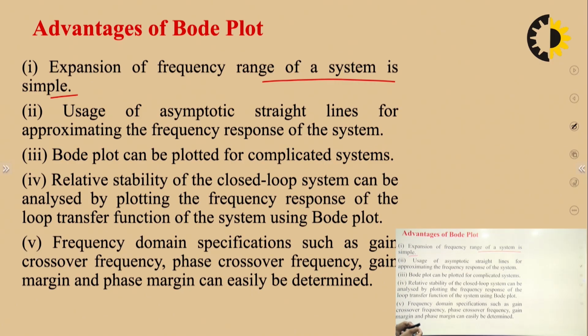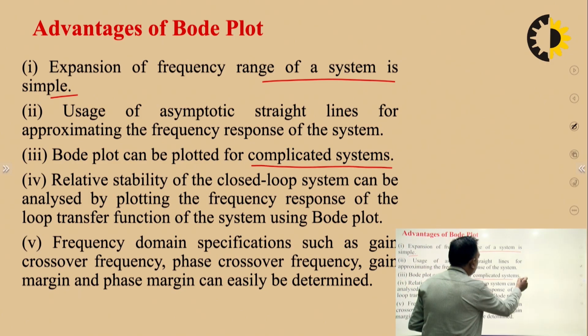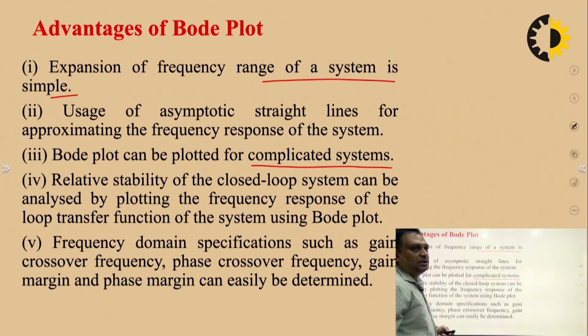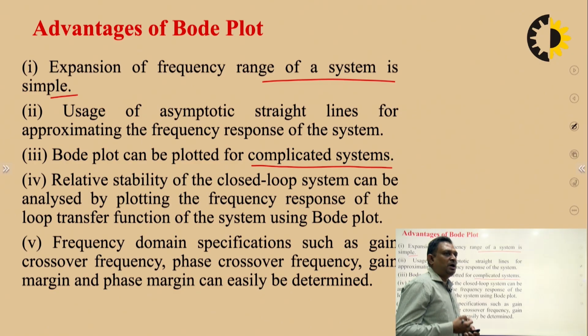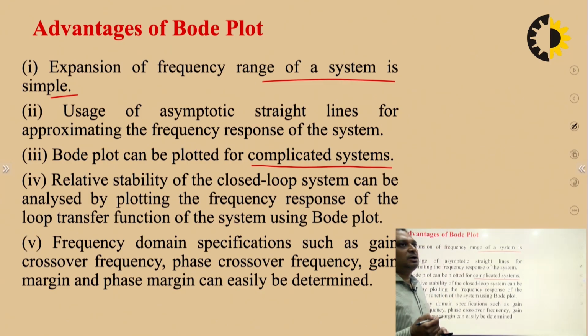Use of asymptotic straight lines for approximating the frequency response of the system is another advantage. Bode plot can be plotted for complicated systems. So for any complicated system, we can easily plot the Bode plot, which was difficult if we were to find the stability of that particular system using Nyquist criteria or any other criteria.